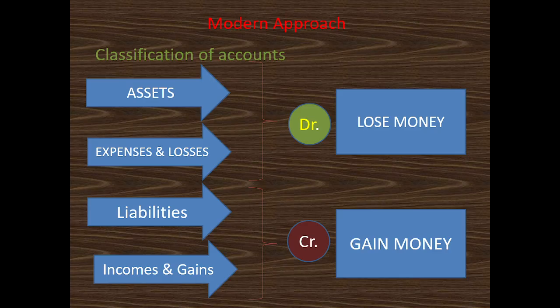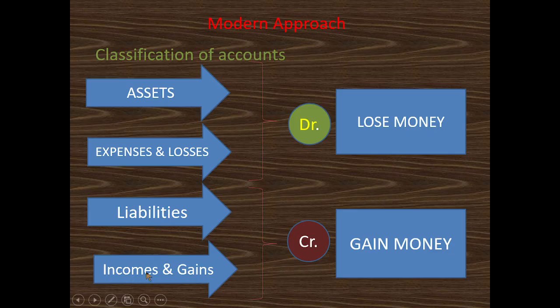In a similar way, for liabilities and incomes and gains, we have a credit balance. Why? Because we receive money. For example, if I take a loan, I receive cash. But the difference is, for a loan or a liability, I have an obligation to pay it back.